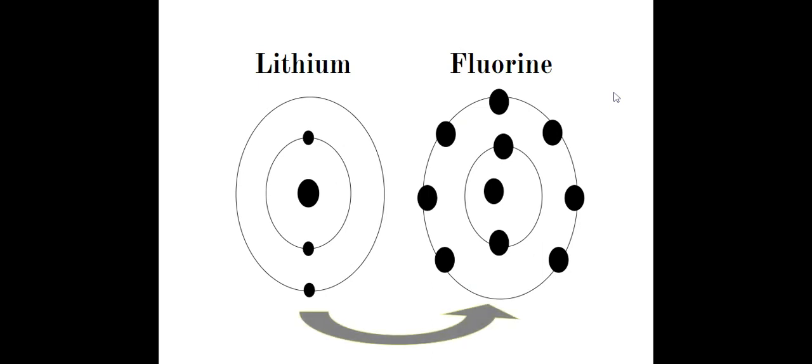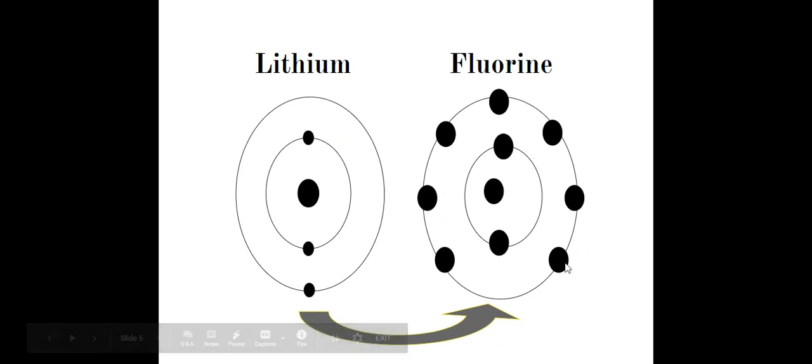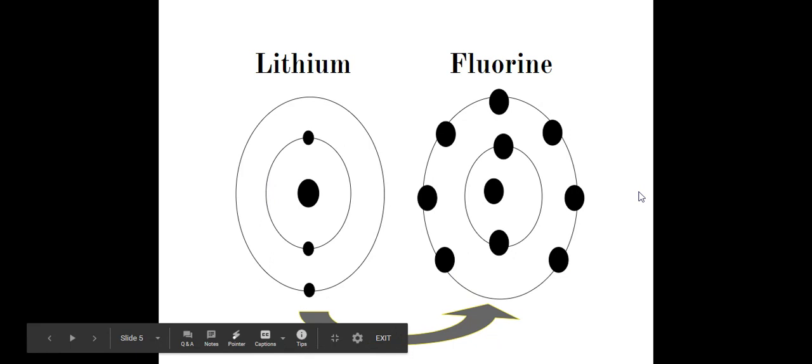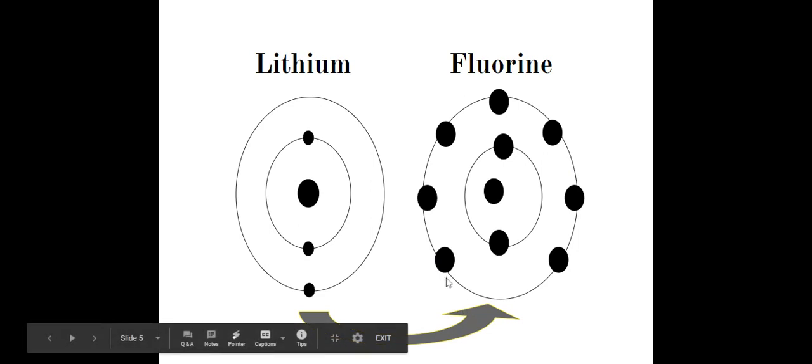In order to bond, lithium is going to completely give up this valence electron in its outermost shell to give fluorine a full shell of 8, because elements are happy or satisfied with either a complete valence shell of 8 or a complete valence shell of 2.